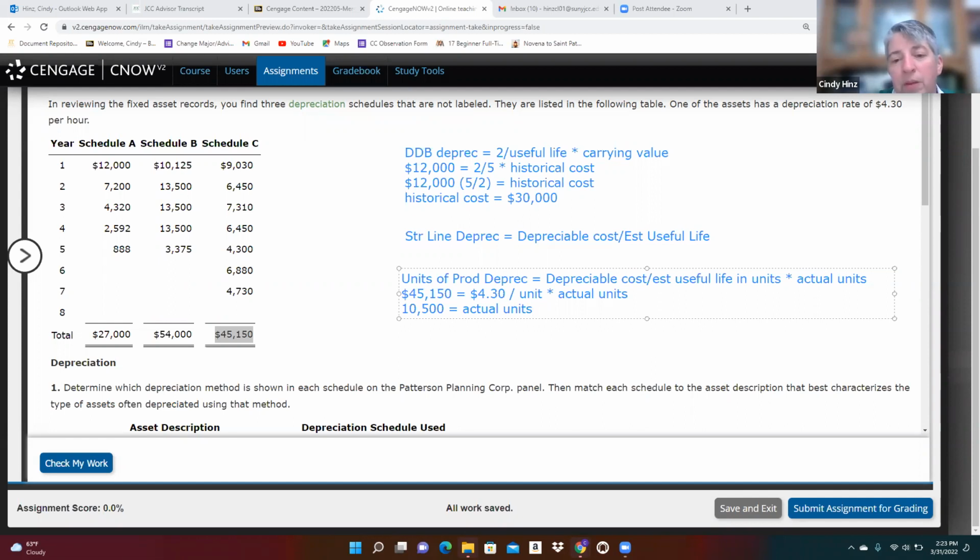Again, it's the same formula that we learned in class for calculating units of activity or units of production depreciation, but the missing piece isn't the dollar amount of depreciation, it's the units in this case.